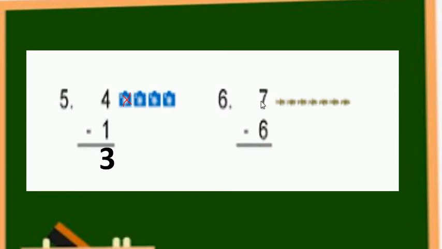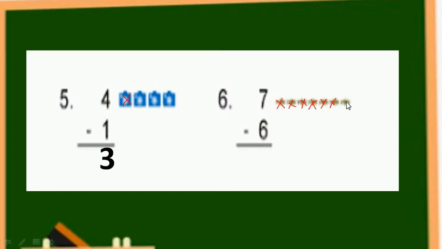Next is 7 minus 6. What does it mean? I have to cross out 6 objects out of the given 7. Let's do it. Start counting with me, my dear. 1, 2, 3, 4, 5, 6.